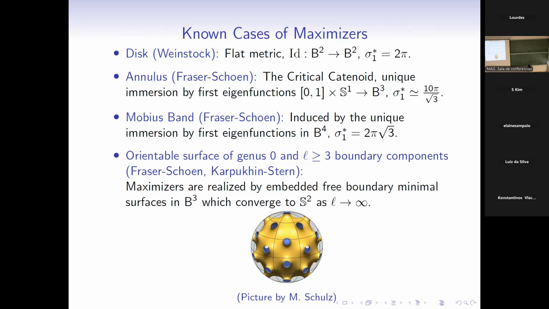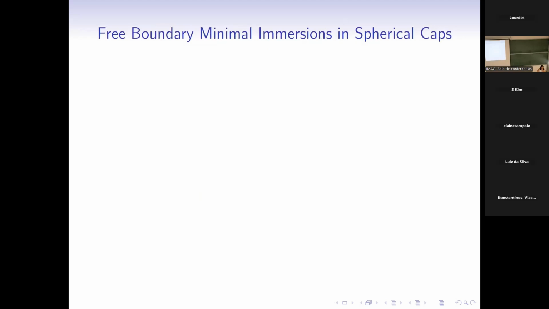And here is again a picture by Mario, where you have your surface with the maximizing metric, and the surface has a large number of boundary components. And yeah, that's all we know so far.